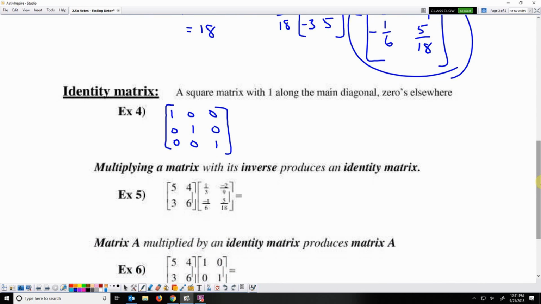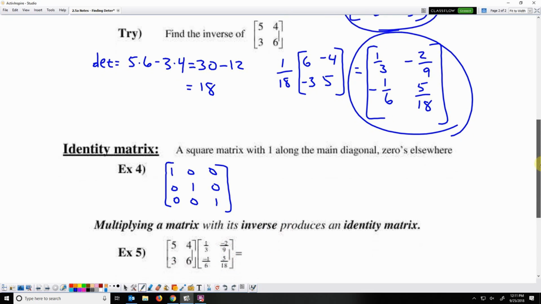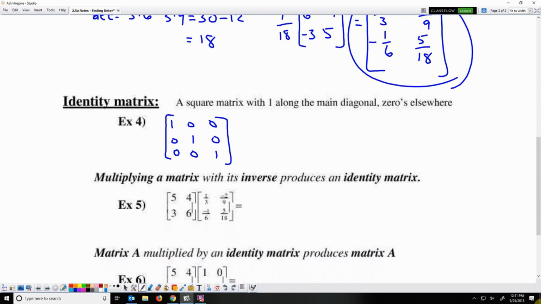Okay, so when you multiply a matrix by its own inverse, that actually gives you an identity matrix. So the matrices here, 5, 4, 3, 6, that's the same one from above, right here. We're multiplying it by its inverse, 1/3, -2/9, -1/6, and 5/18.